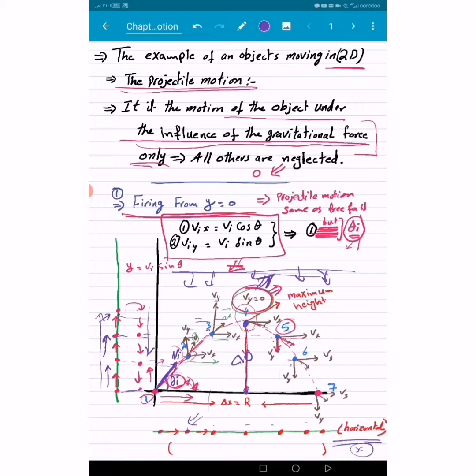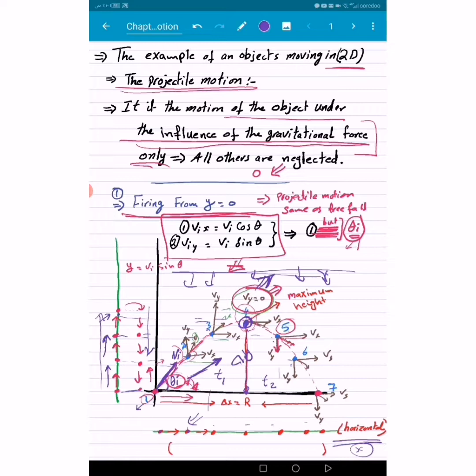So now the important things in this diagram: the firing is from 0. If you check the time from launching to reaching the maximum, I assume it is T1. The time from the maximum to reaching the ground is T2.